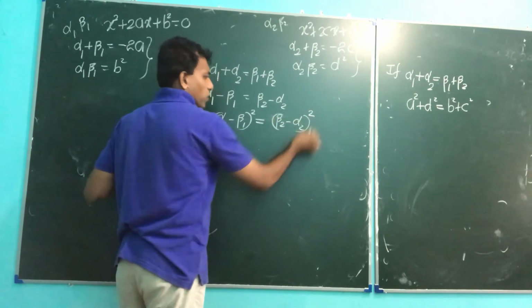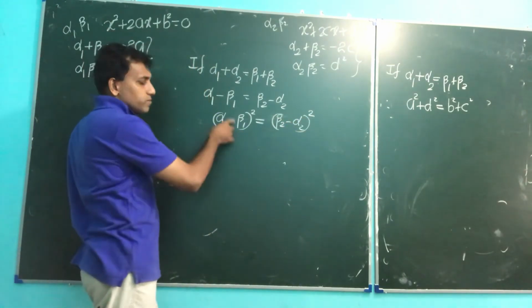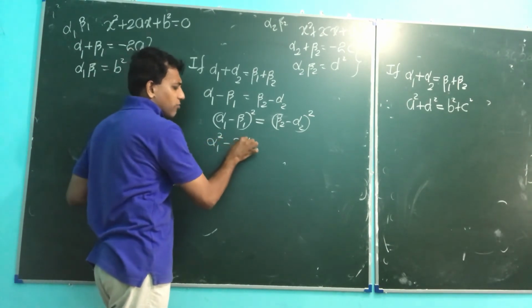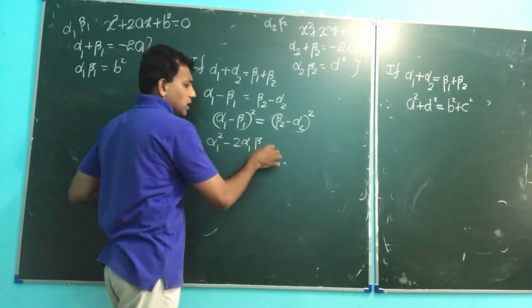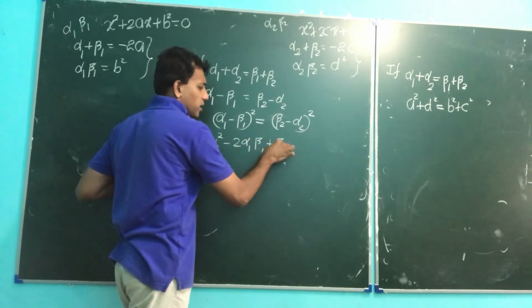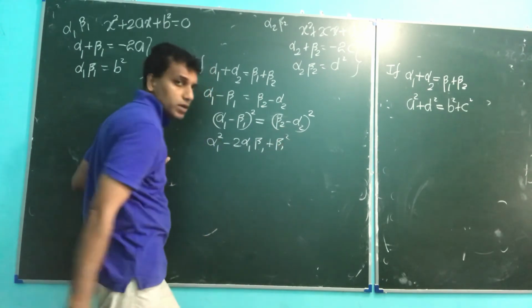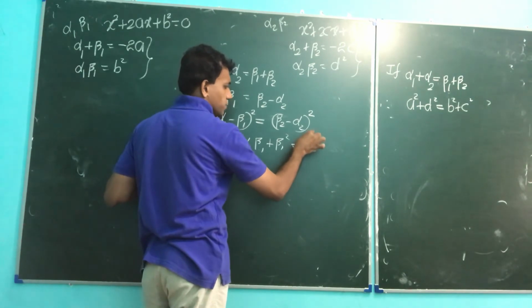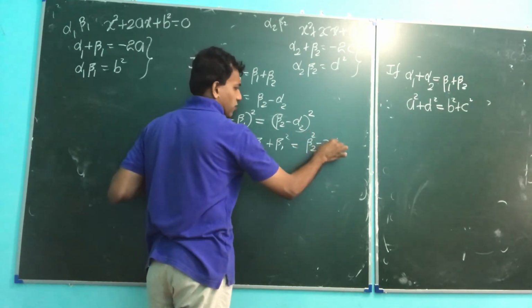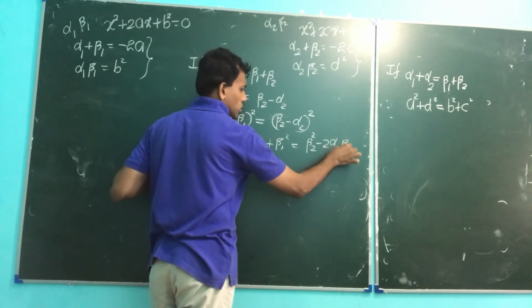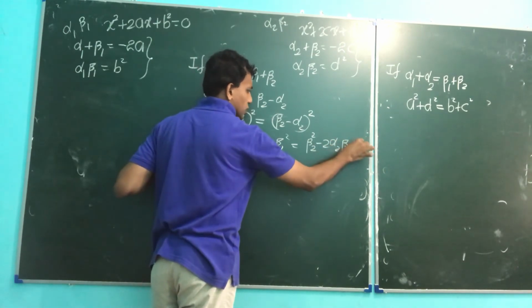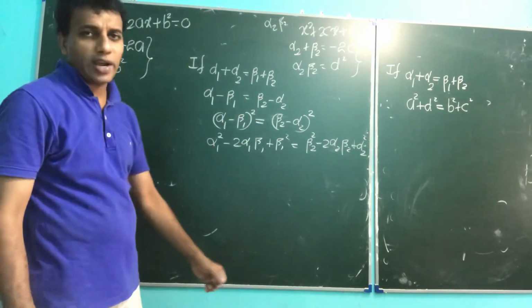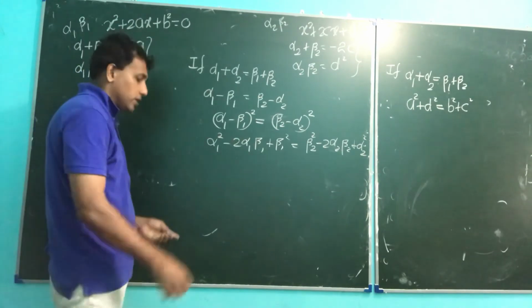Alpha 1 square minus 2 alpha 1 beta 1 plus beta 1 square. On the other side, beta 2 square minus 2 alpha 2 beta 2 plus alpha 2 square. Okay, now you know a famous method to find the value of alpha plus beta.